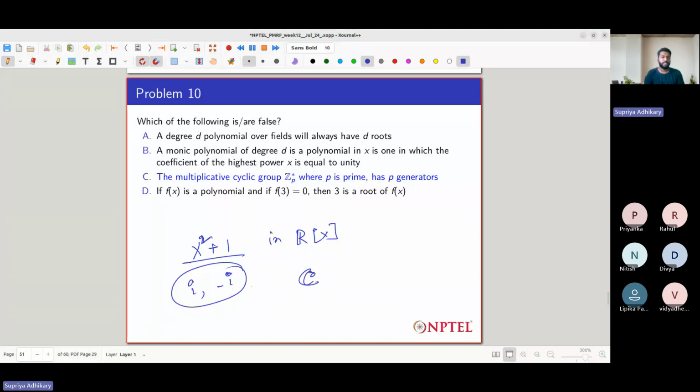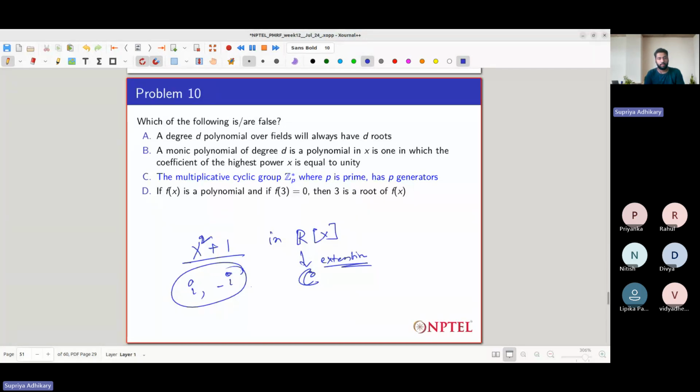So basically, when we state that a degree d polynomial over fields will always have d roots, what it tries to say is that the roots may not be inside the field itself, but may be in some other field. This field is called the extension field. Anyway, the extension of a field is out of the scope of the syllabus.